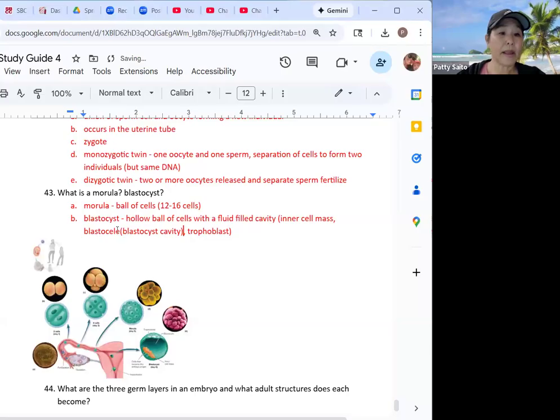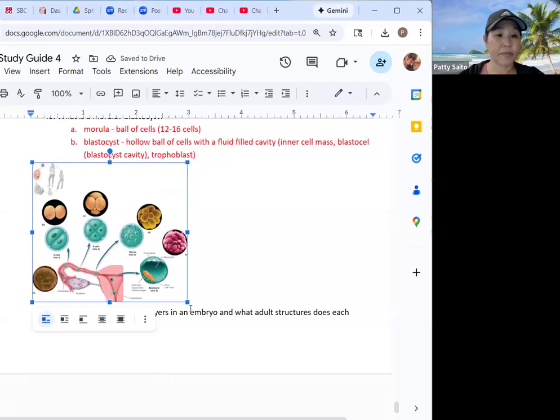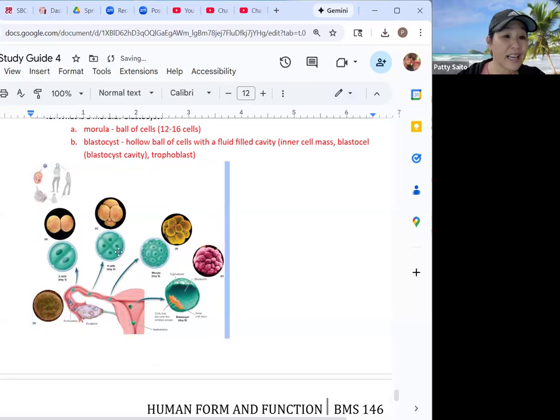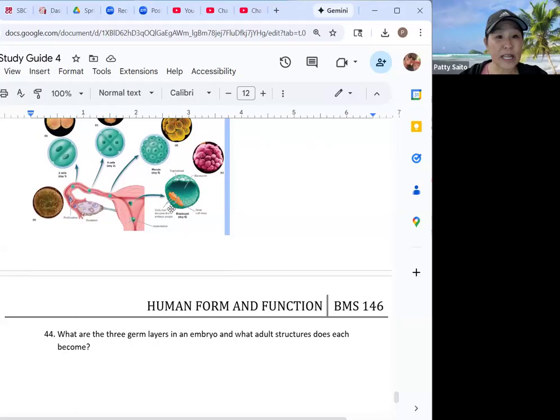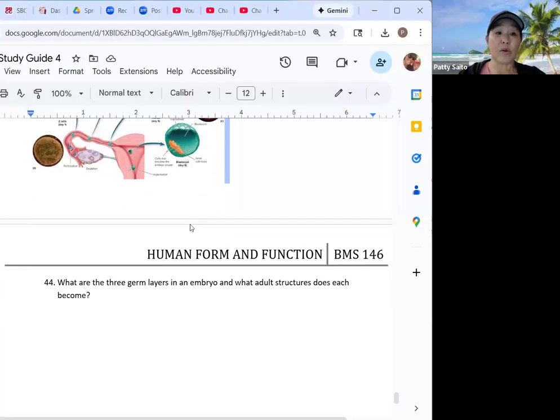Okay, and let's look at this picture. This shows you what's happening here. 2 cells, 4 cells. We get a little morula here, and then we get the blastocyst. Now, this inner cell mass here is going to begin changing and form three layers, which will be known as the three germ layers.